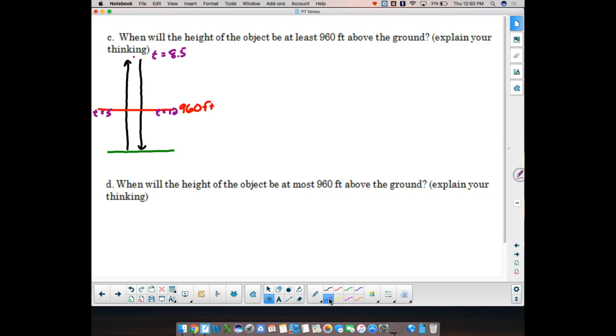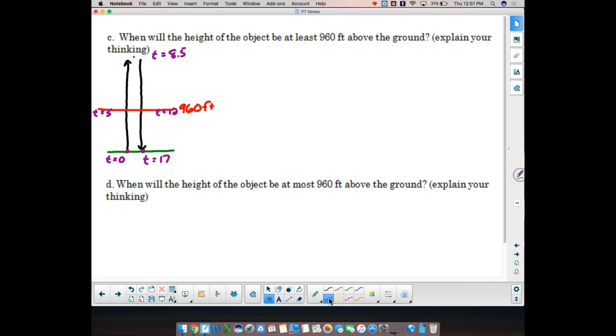Which means down here, it's at t equals 0, and it comes back down and it hits the ground when? At 17 seconds. Okay. Now, again, that was all using the symmetry. Okay?